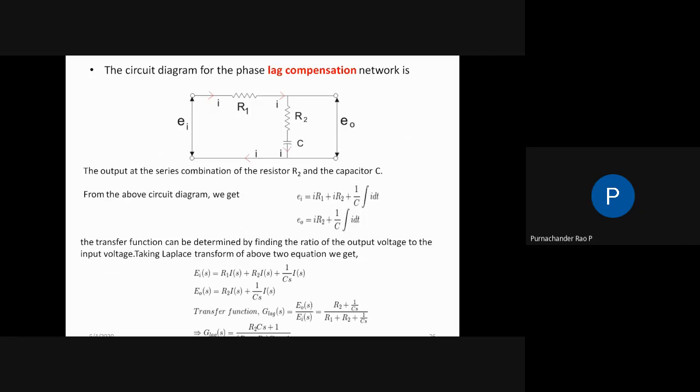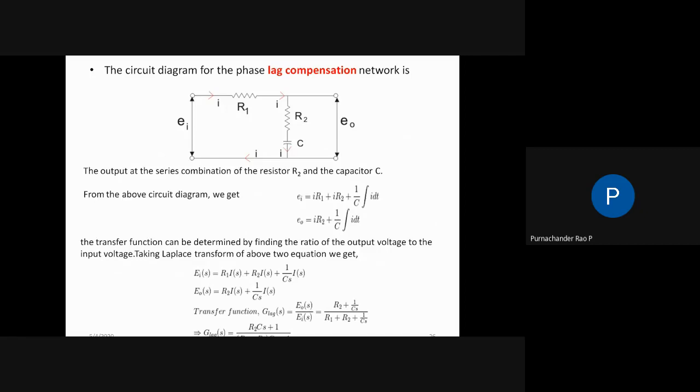If you apply KVL for this first loop, Ei, the applied voltage, is equal to I into R1 plus I into R2 plus 1 by C times the integral of I dt. Then the output voltage equation is the voltage across this term.